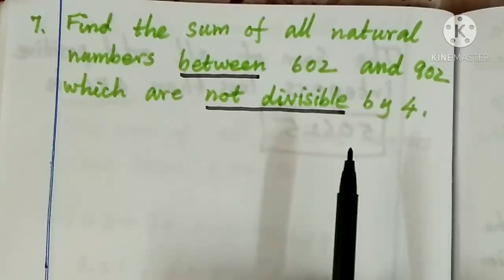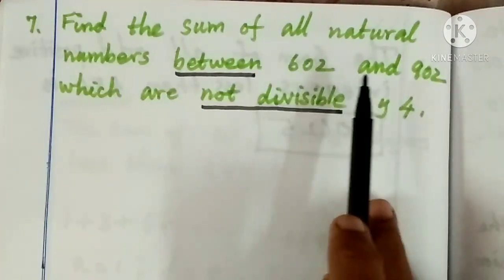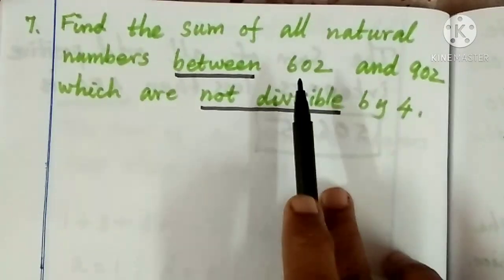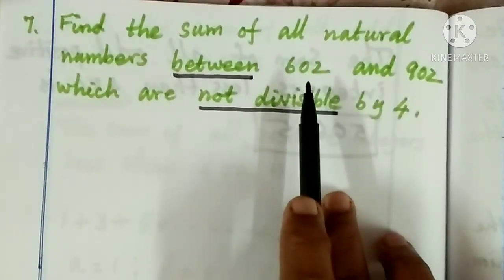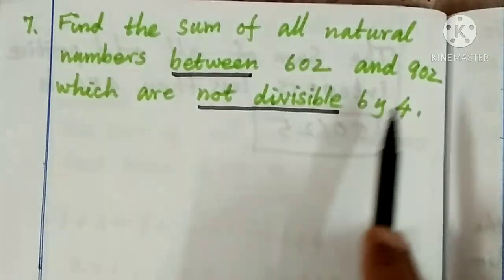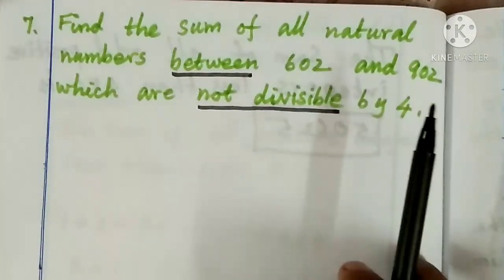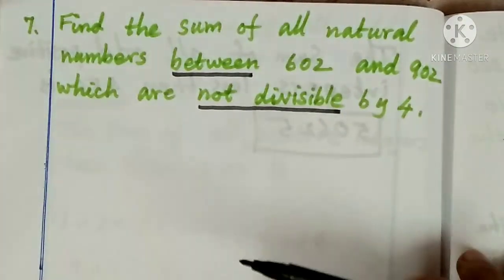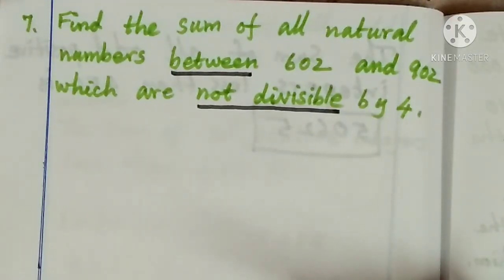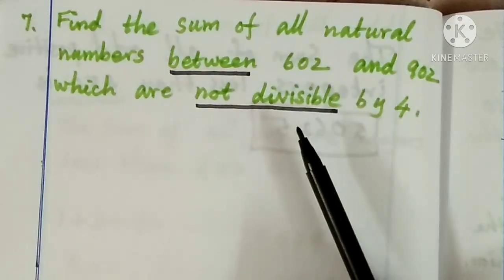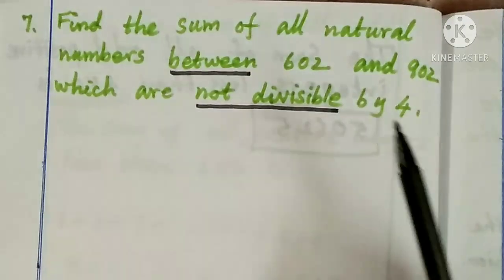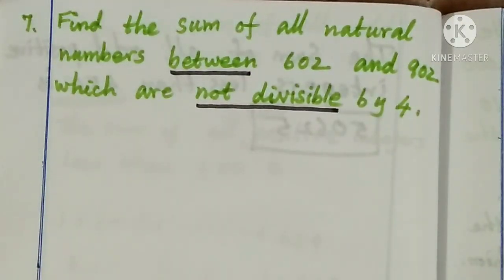Then next you have to find sum of all natural numbers between the given number which is divisible by 4. After that you have to subtract these two sums, means we get the answer for not divisible by 4. Let us do the solution.